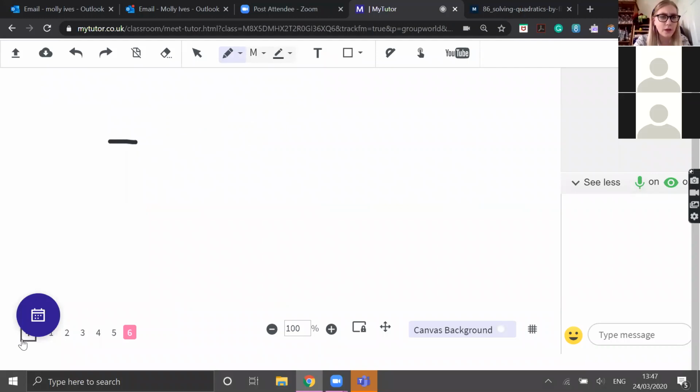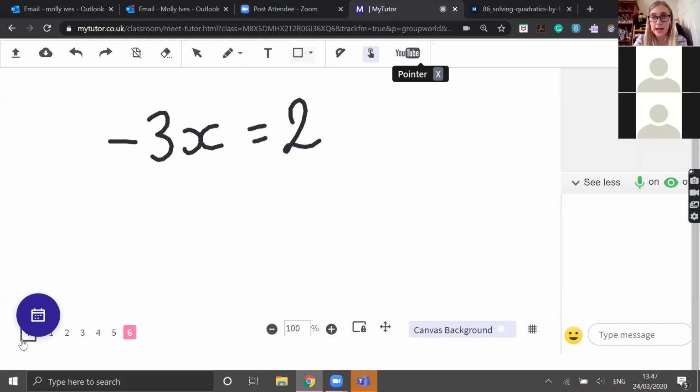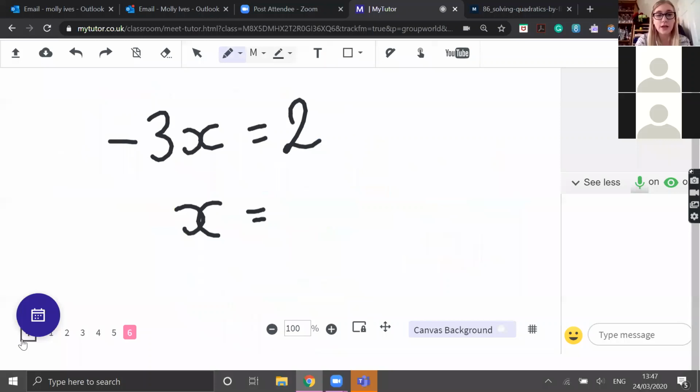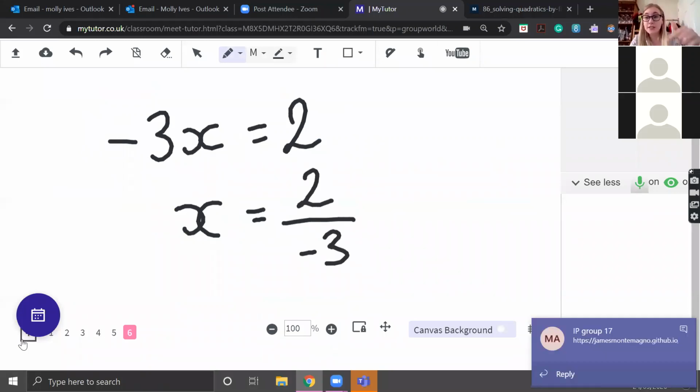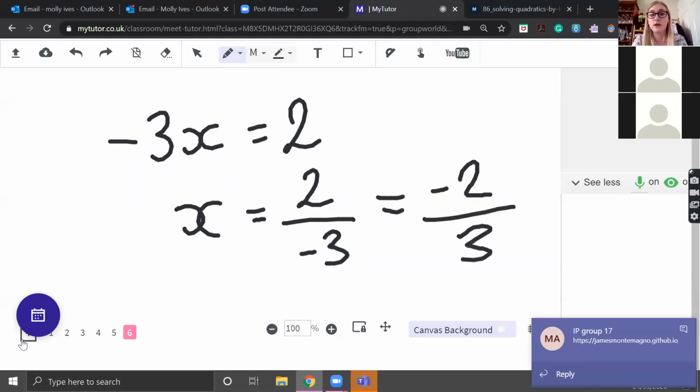No, if this was a minus 2, they would cancel out. But what we're effectively doing here is dividing straight away by that minus 3. So 2 over minus 3. And because that's a negative fraction, I'm just putting the minus on the top. That's just convention. So this is the same as minus 2 over 3. Does that make sense?